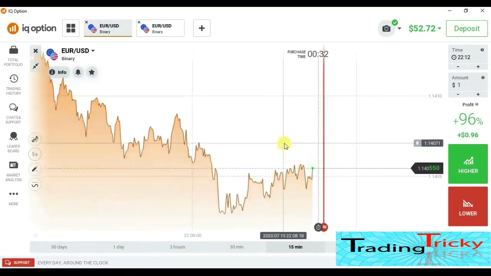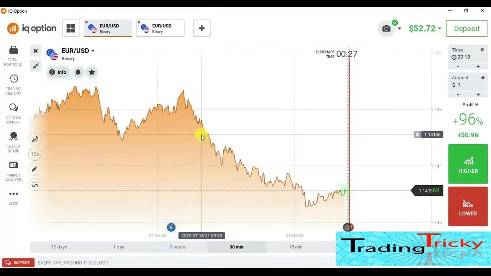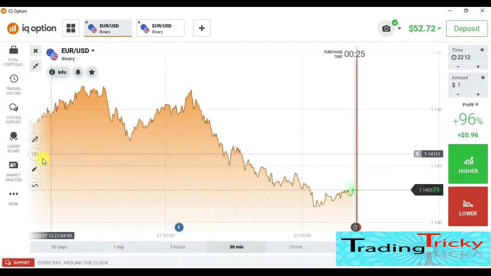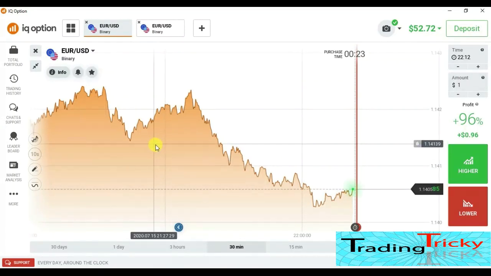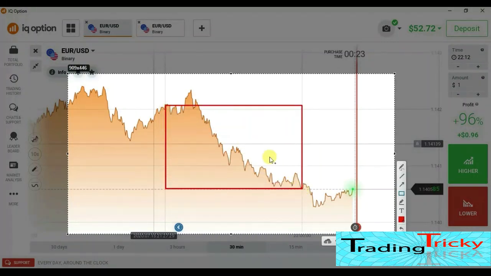Maybe this is the first 30 minute candle. So this is the strong candle, the upper side has small wicks, but the lower side has no wicks, and this is the next candle.